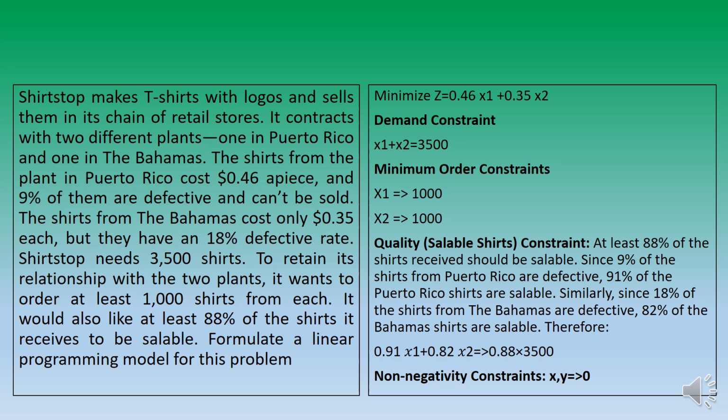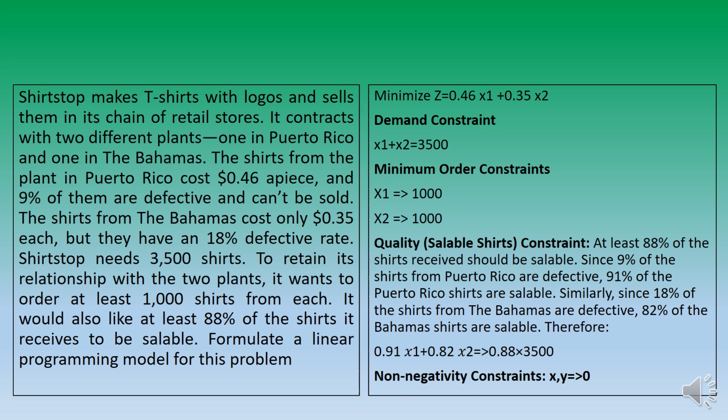Shirtstop makes t-shirts with logos and sells them in its chain of retail stores. So there is a store with the name Shirtstop, which makes t-shirts with logos and sells them to its chain of retail stores.